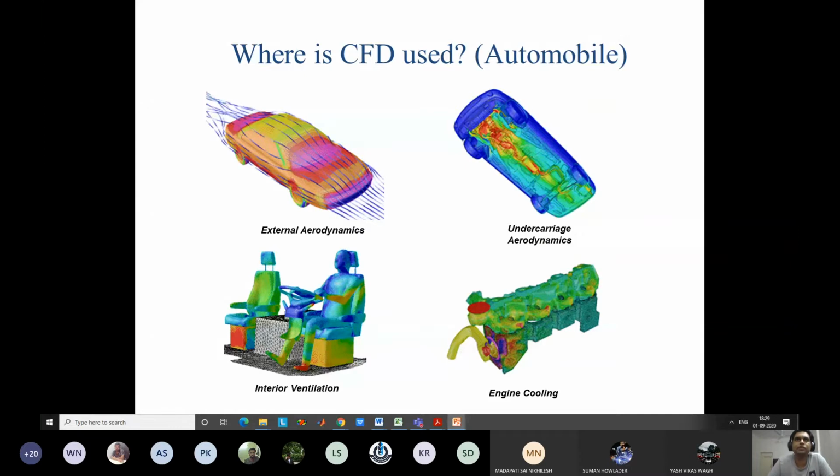Similar to that, automobile is another very important area where a lot of CFD teams are working. All automobile industries actually have large scale CFD teams. What are the important applications? One application is external aerodynamics, means flow over the vehicle.